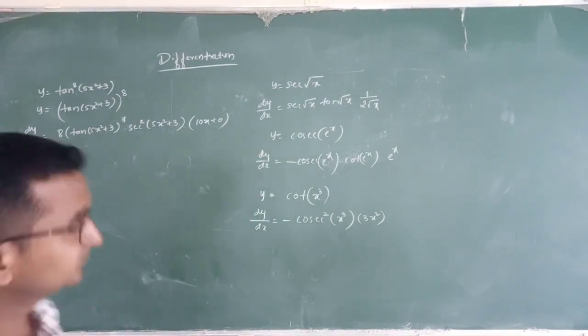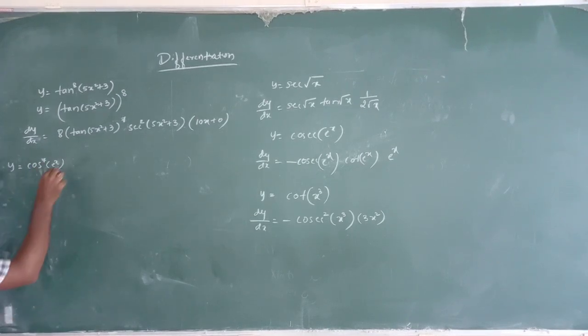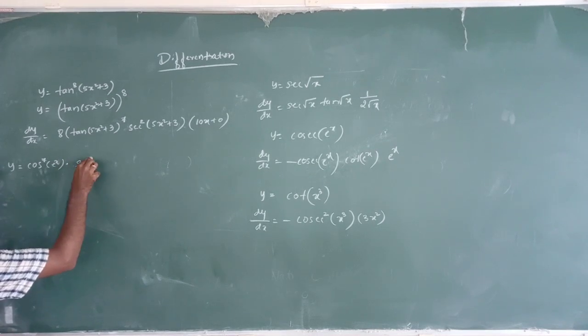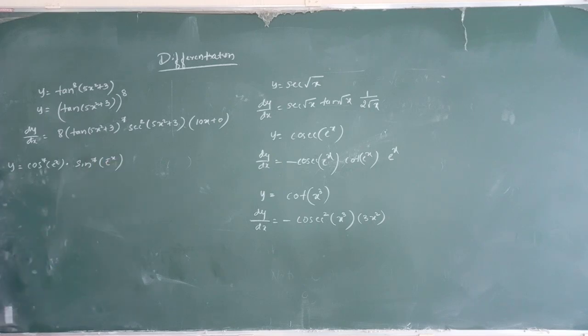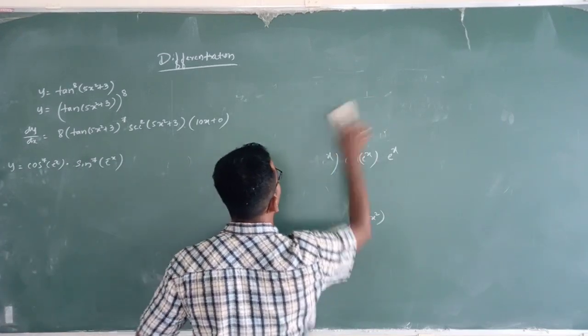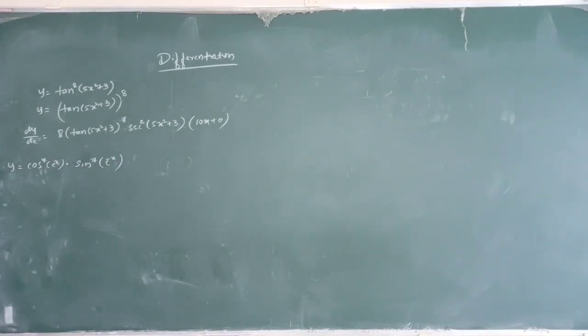Next one, y equal to cos raised to 7 of e raised to x into sin raised to 7 of e raised to minus x. Now both are in the form of what? Both are in the form of u into v. Okay. Then how do you do this one? dy by dx: first you consider this one as u, this one as v.